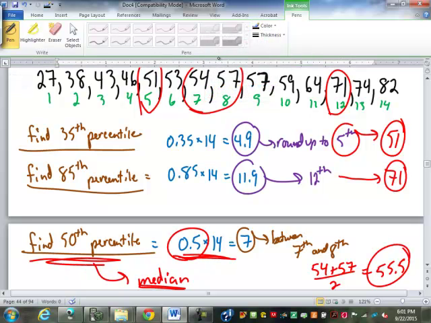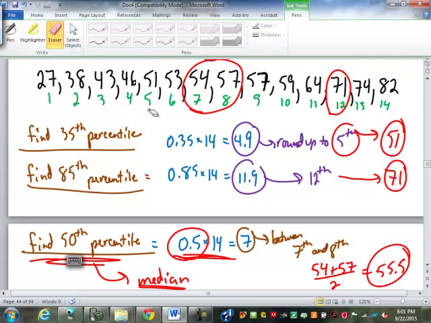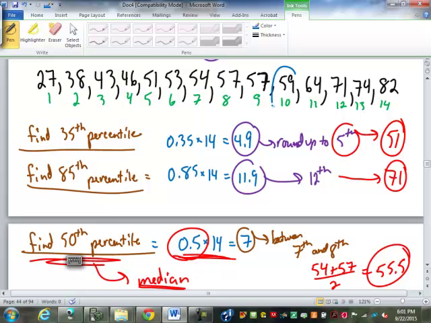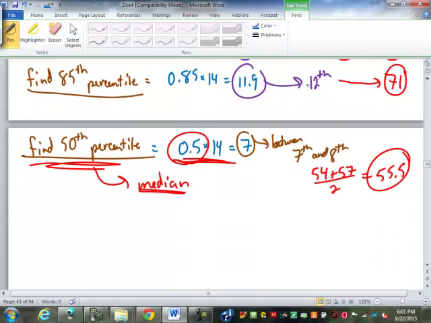Next, what if we pick a particular number in this list and we want to know what percentile it falls in? So let's say that your score was the 59, and you want to know what percentile that is. To find the percentile, find the percentile rank.